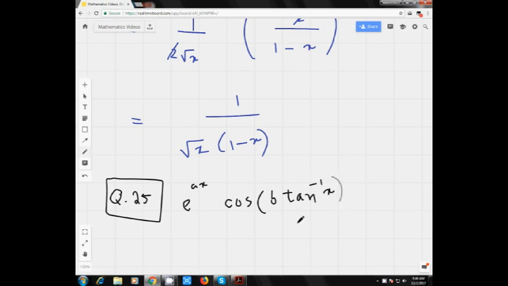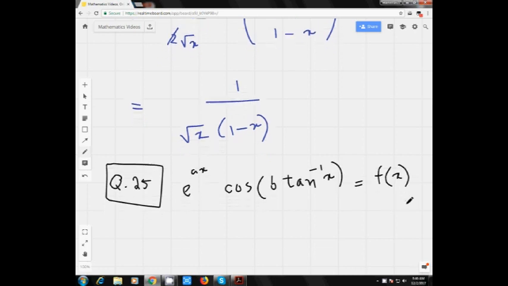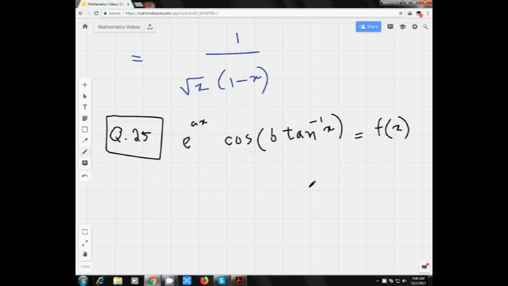So b times arc tan x is the angle of the cosine function here, and this is equal to f of x, which has to be written at the left hand side because I forgot to write it, therefore I wrote it on the right hand side.